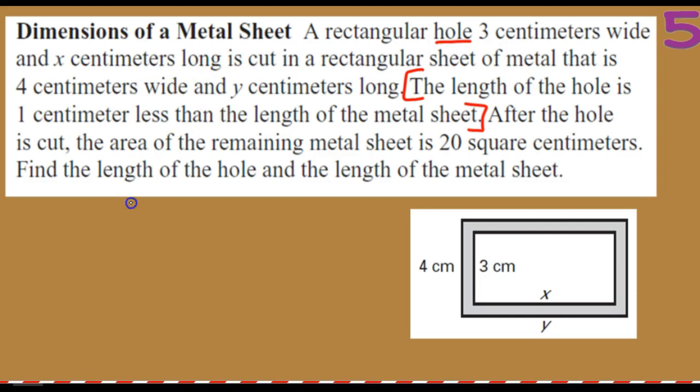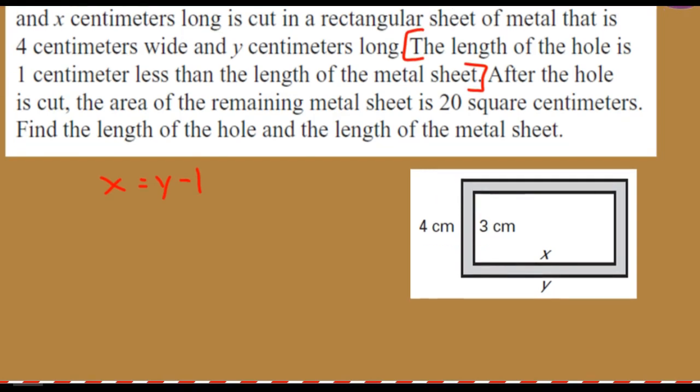So our hole is going to be x. The length of the hole is 1 centimeter less, so x would be y minus 1. So y is the actual whole sheet of metal.